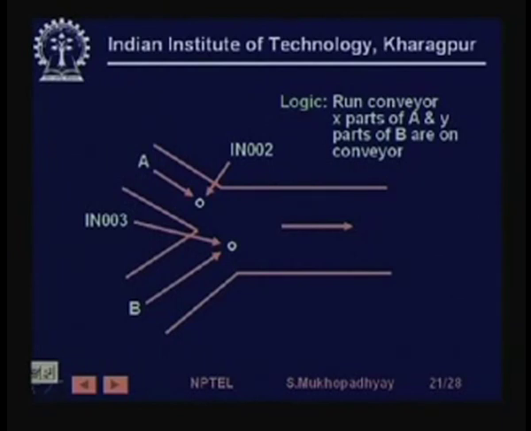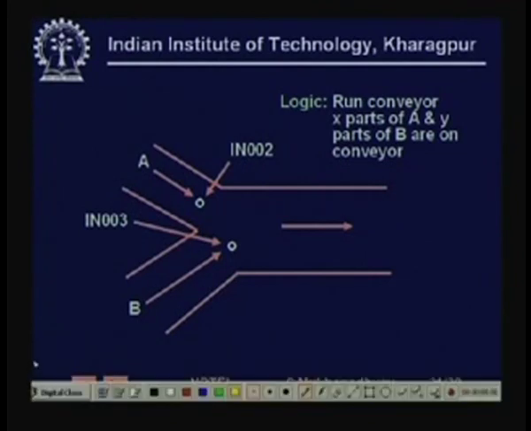Excuse me, some basic, a very simple example. You have a conveyor into which parts are supplied. So parts of type B are coming and parts of type A are coming.